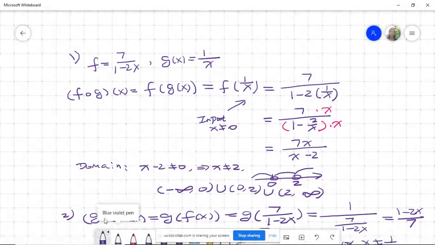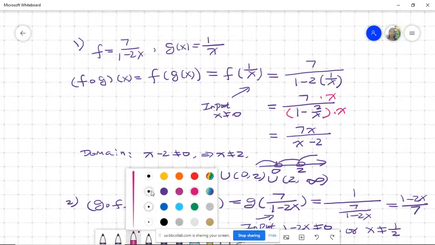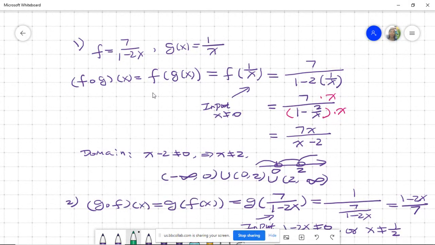Let's mark this right here. This f here is called the outer function, and g of x here is called the inner function.